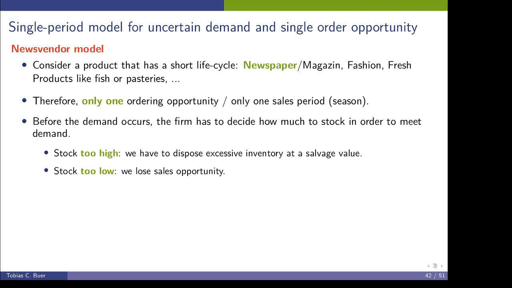Another name for this model is the news vendor or newsboy model, because it was first built to model the situation of a paperboy who is selling papers for a given day. Before the paperboy goes out to see the customers, he has to decide how many papers he should take with him, and then he can sell the papers during this day.